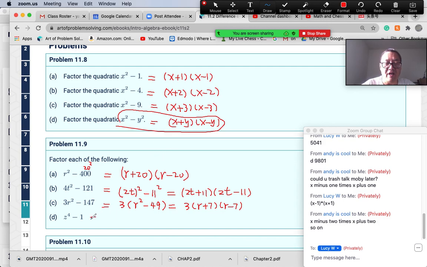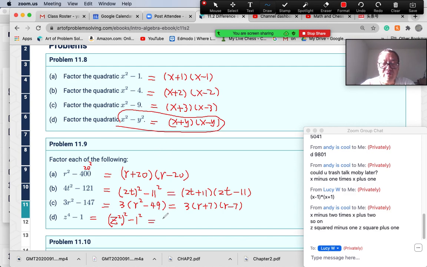Okay, now let's see how we can do this. This one you can write as (z squared) squared minus 1 squared. So first, use this formula. We can write this one as (z squared plus 1) times (z squared minus 1). Then you need to check if this is the simplest final form.